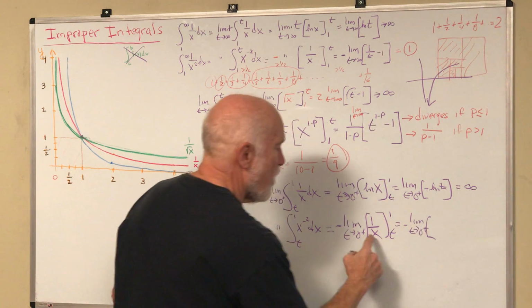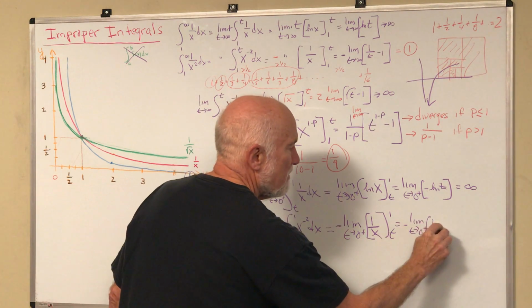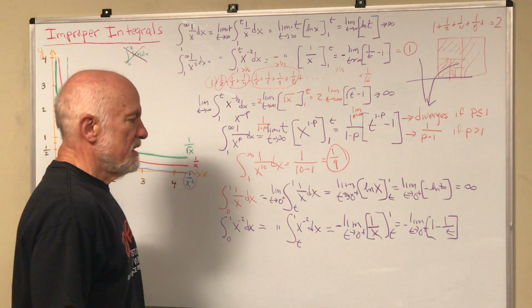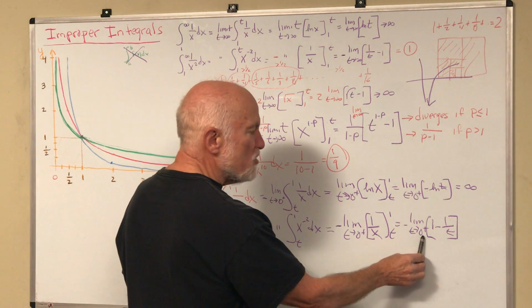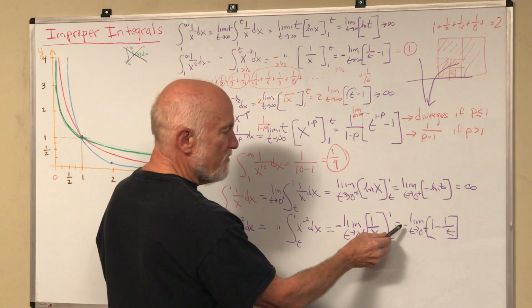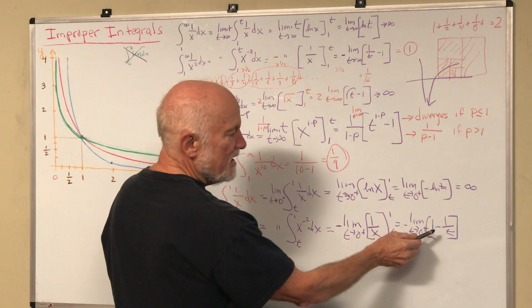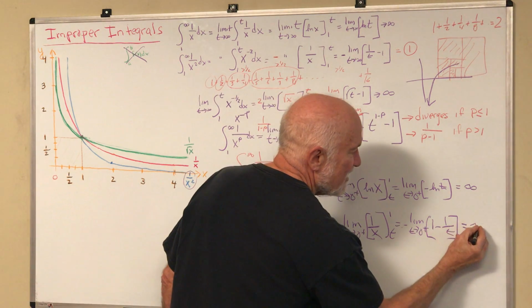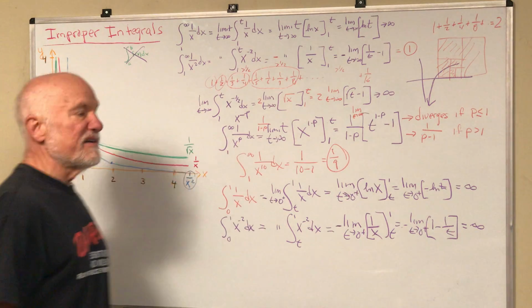So you get 1 over 1 minus 1 over t. Well, as t approaches 0, 1 over t is going to get huge. So you have minus this negative infinity. Again, it's going to be an infinite amount of area.